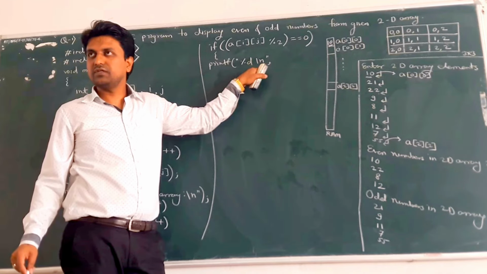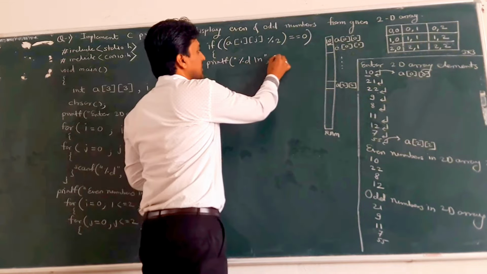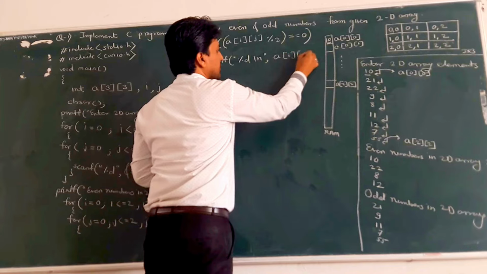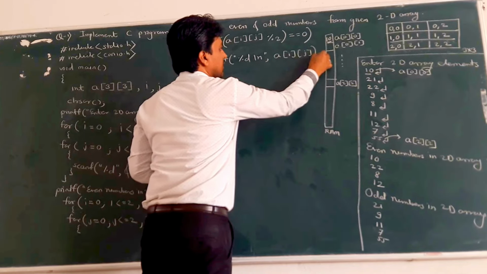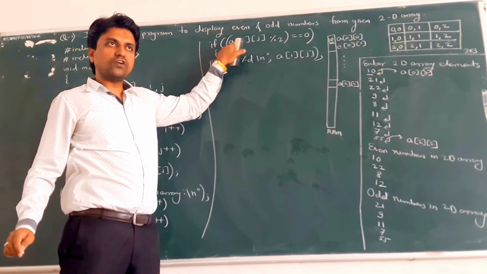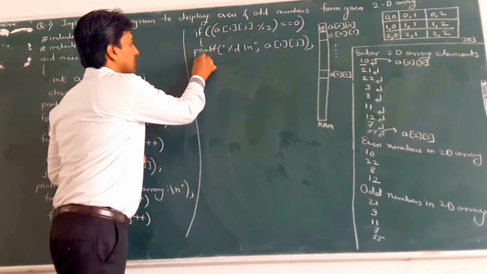\t means tab, \n means new line. Okay, so %d displays that number. Which number? A of i j. If this condition is true, that means the number at the location A of i j is an even number, and display that even number.